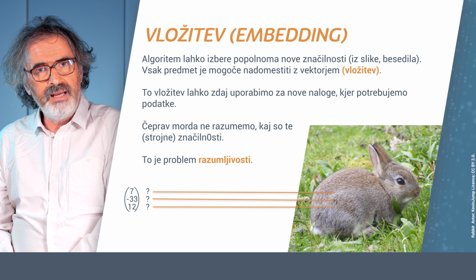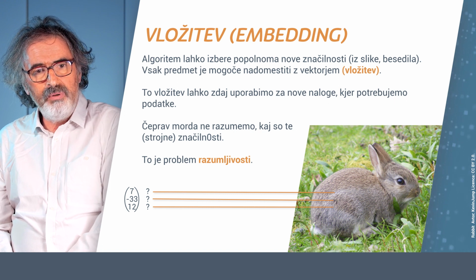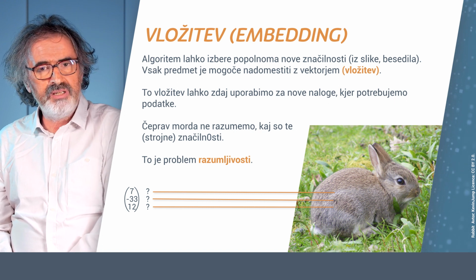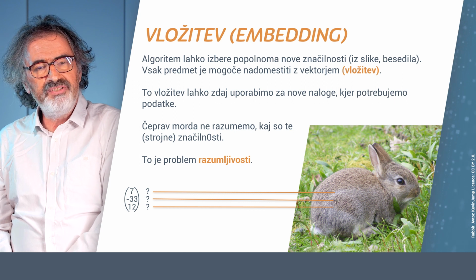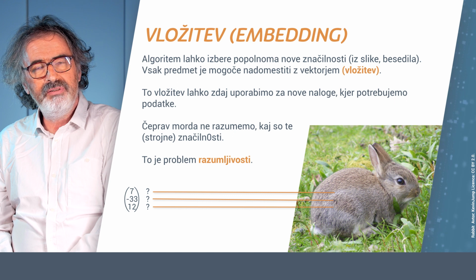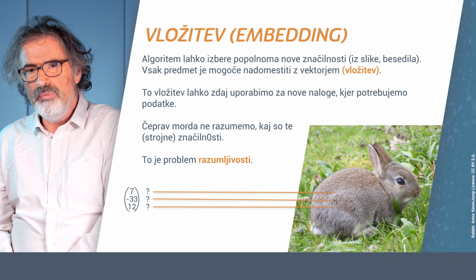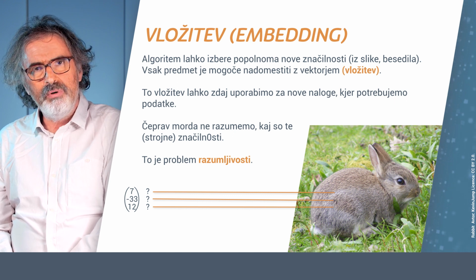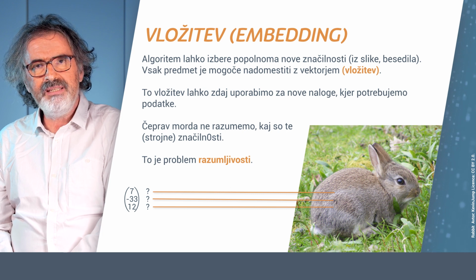There is a problem with that. As we can see in this example, we have got some numbers associated with this rabbit. The number 17, the number -33, and the number 12. But really, as humans, we don't really know if those numbers mean something.